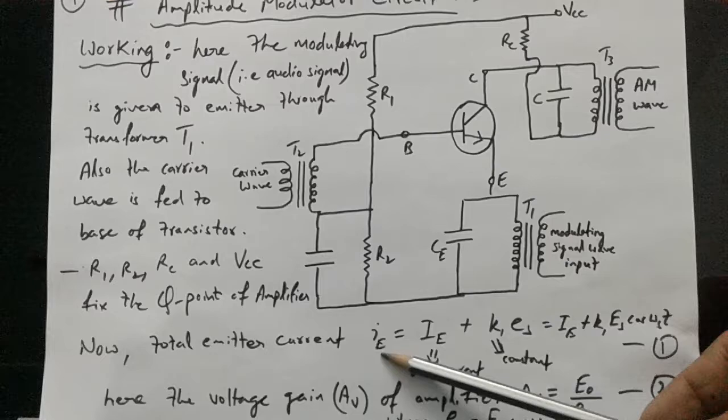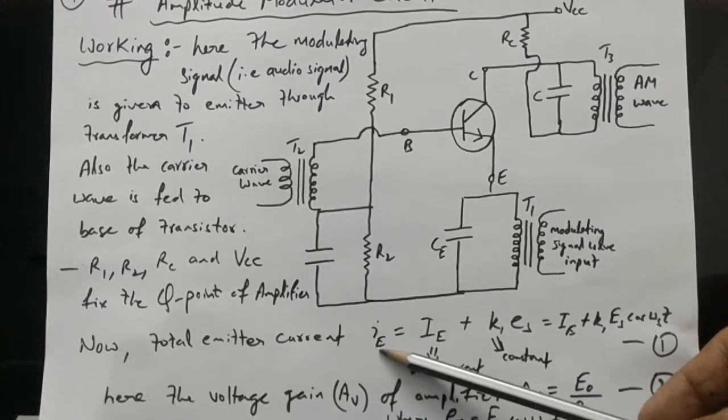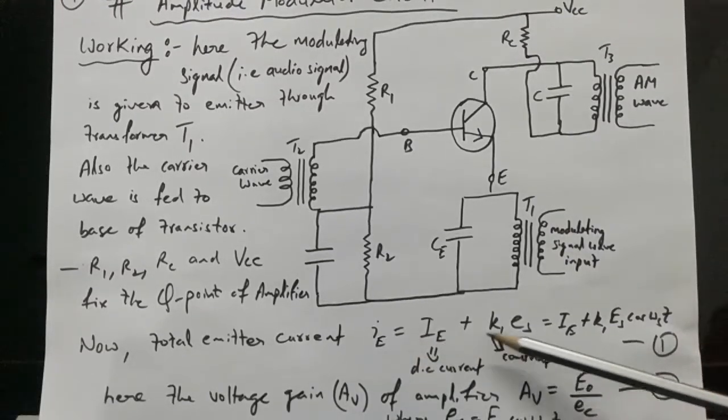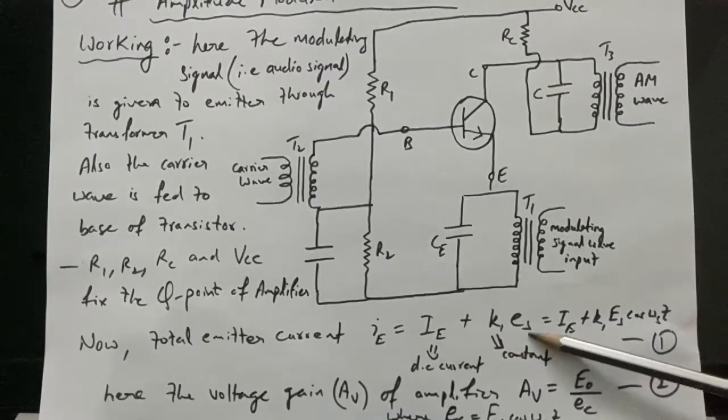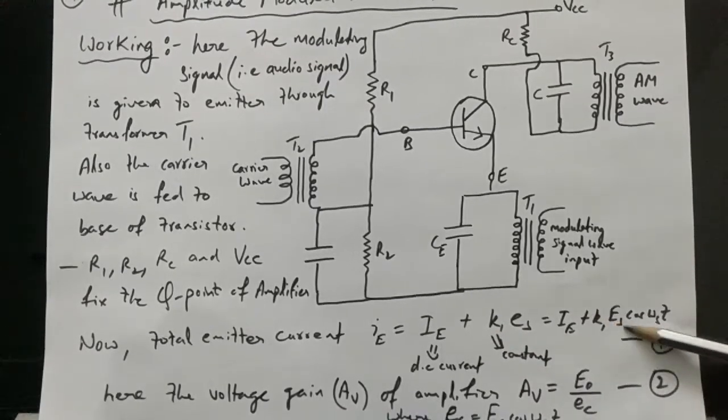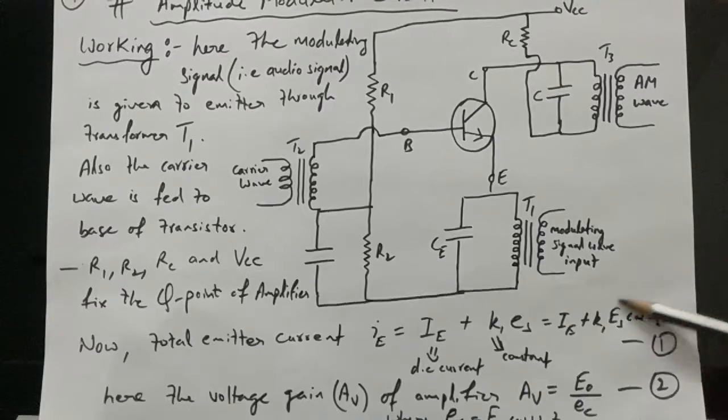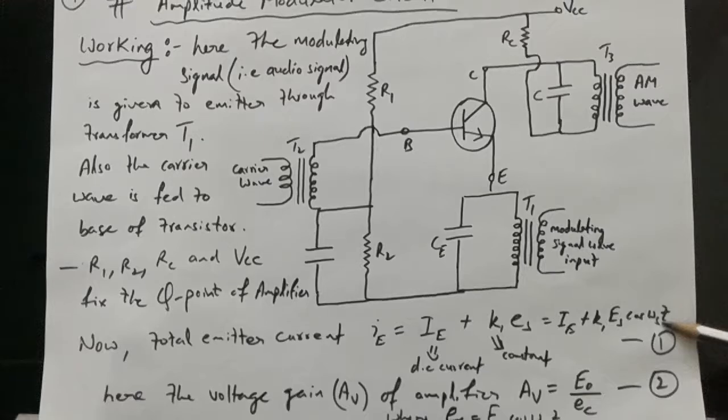So the total emitter current comprises these two terms, and we put the value of ES, the audio signal, which is ES cos omega S T.